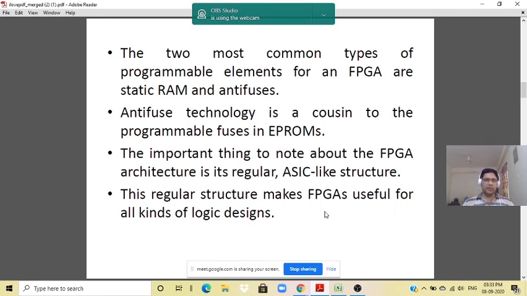Logic blocks in themselves consist of different elements, such as flip-flops, decoders, ALUs, memories, and multiplexers. This regular structure makes FPGA useful for all kinds of logic designs, because with the arrangement of different logic blocks, FPGAs can be used for many designs, and you can use them for any type of application.